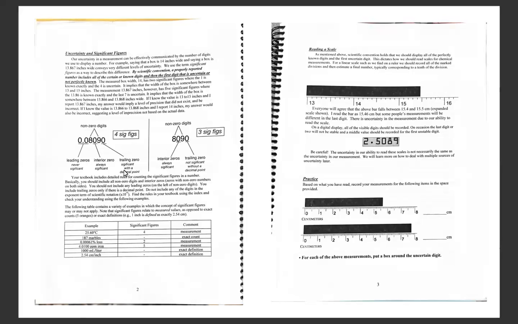So for example, if you had 8090, and there's no decimal, by the way, that zero behind that 9 is going to be non-significant. So trailing zeros are only significant with a decimal point. Without a decimal point, they're not significant, as you can see in this other example right here. That's a perfect example. Awesome.